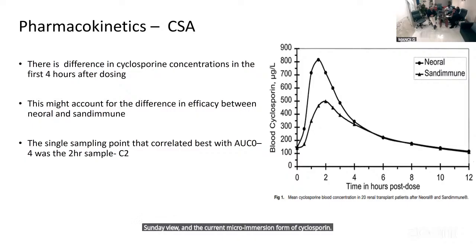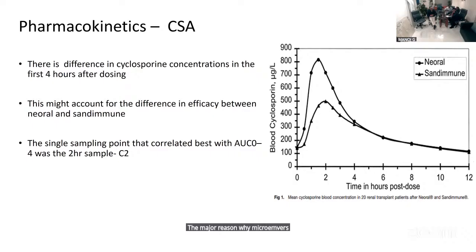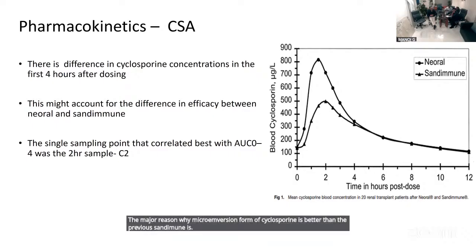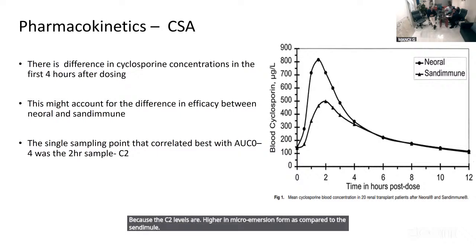We know that C2 level does correlate with rejection as far as cyclosporin is concerned. The major reason why the microemulsion form of cyclosporin is better than the previous Sandimune is because the C2 levels are higher in the microemulsion form as compared to the Sandimune molecule.